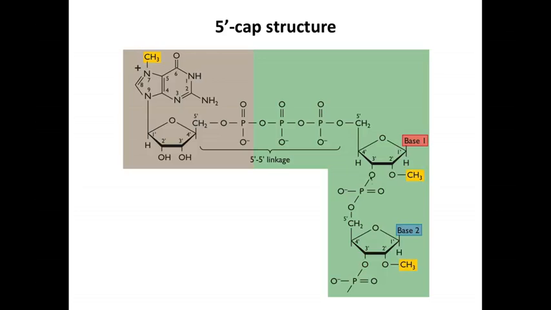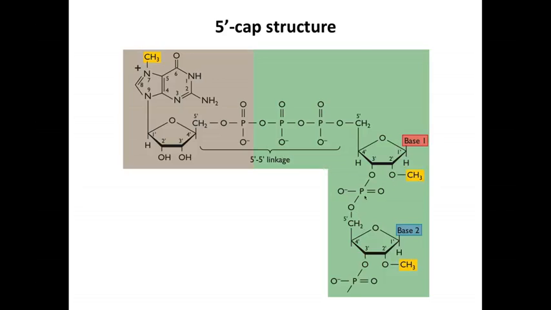That is, the 3' position of the ribose is joined by a phosphodiester bond to the 5' end of the next ribose moiety. The very 5' end of a capped mRNA is joined by a 5' to 5' linkage, as shown here. So the 5' methyl of this ribose is joined to the 5' methyl of the next ribose, instead of a 5' to 3' joining as is usual.